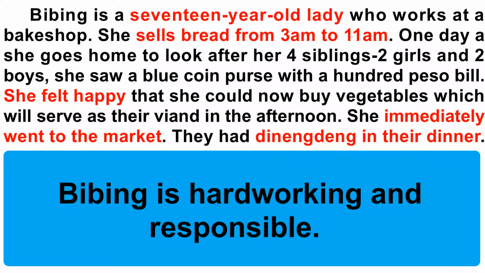Immediately went to the market. They had dinengdeng for their dinner. We know that a person is hardworking if she is diligent to work, and she is considered responsible if she is able to take care of somebody.